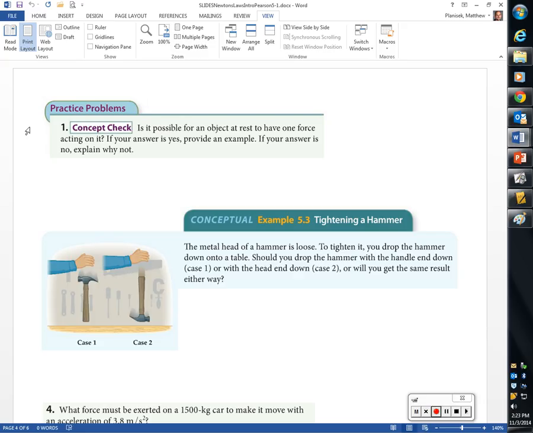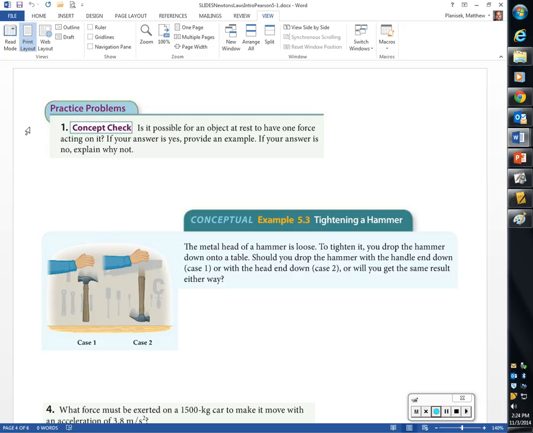Okay, so the correct answer is no. It cannot have only one force acting on it because Newton's first law says that an object at rest remains at rest as long as there is no net force.